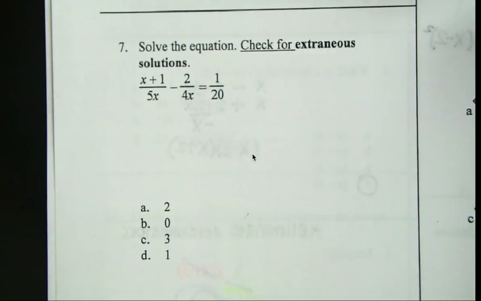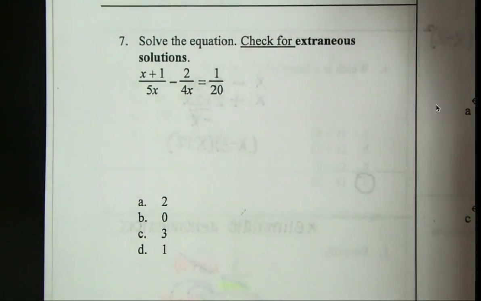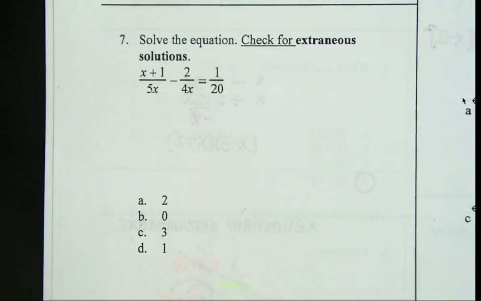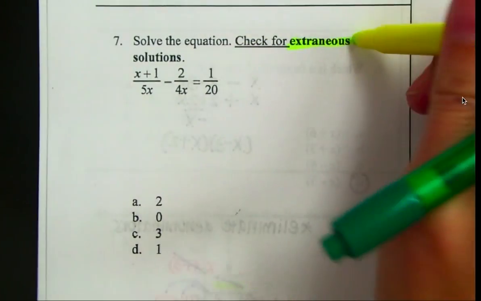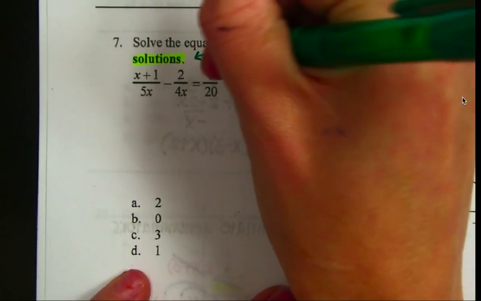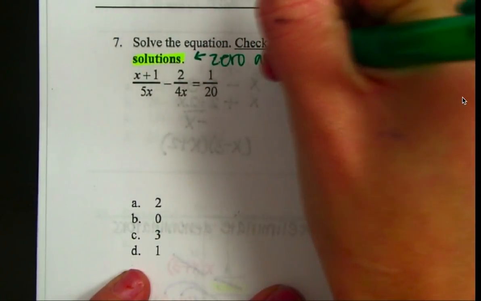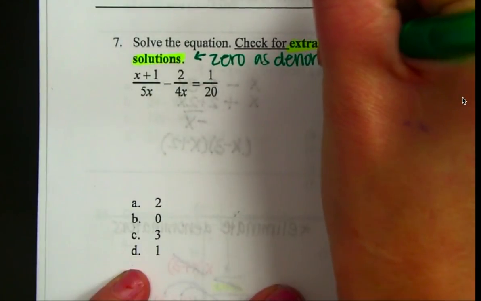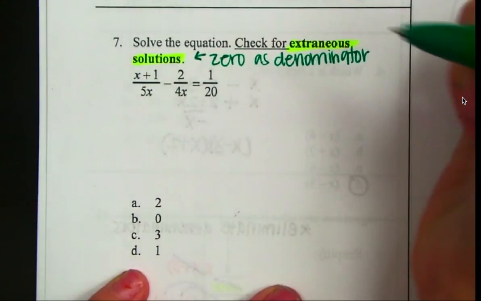Number 7, we're going to solve this equation and then check for extraneous solutions. So remember, extraneous solutions just mean any solutions that would give us 0 as a denominator. And we can't have 0 as a denominator. So that's why we always check for them.